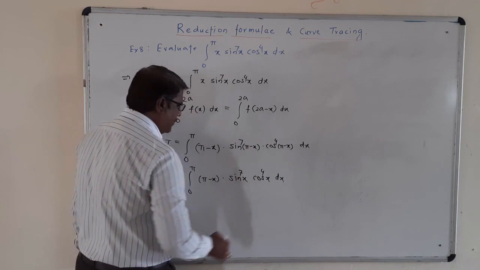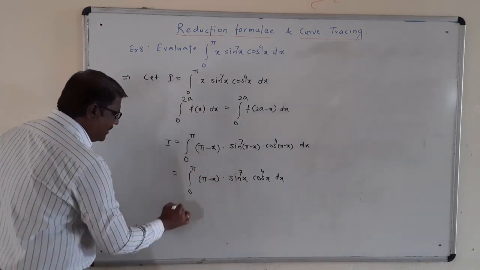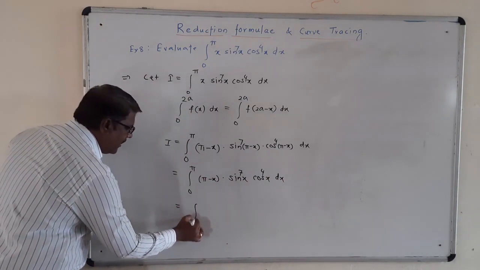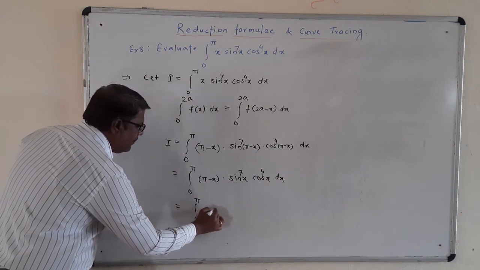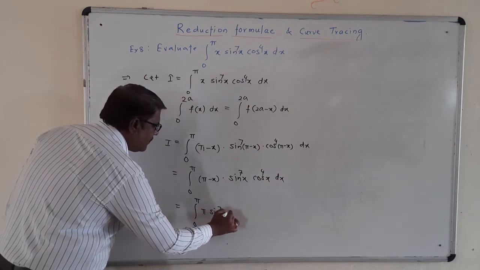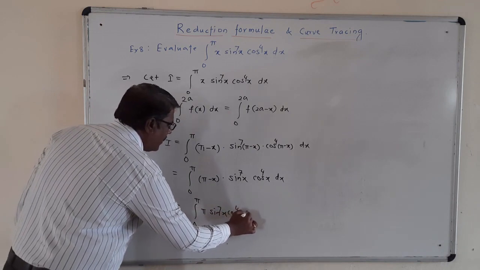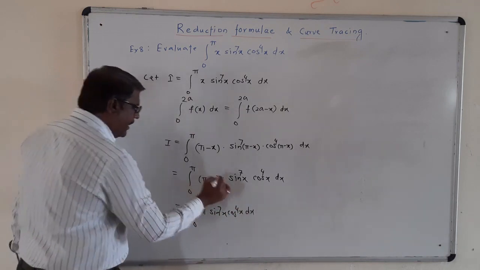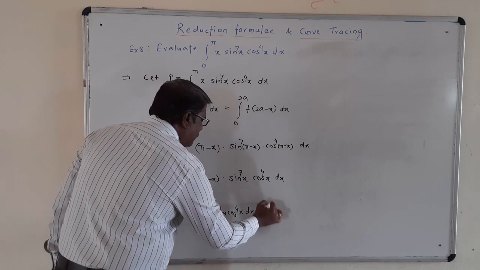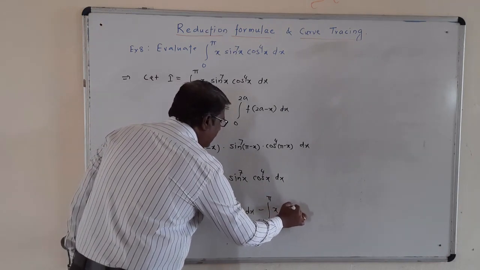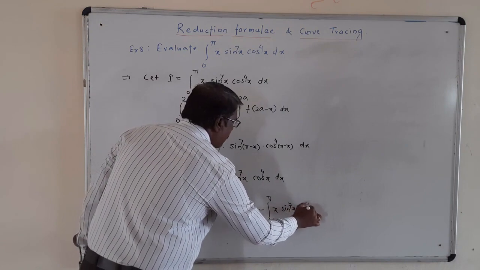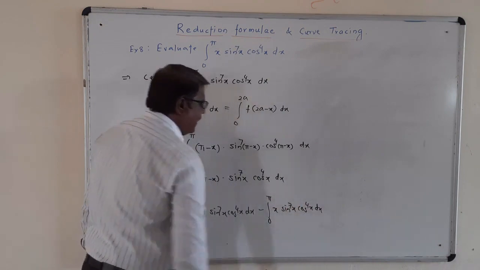and then dx. So if I separate these two integrals, then I will get the integral from 0 to pi of pi sin^7 x cos^4 x dx minus the integral from 0 to pi of x sin^7 x cos^4 x dx.